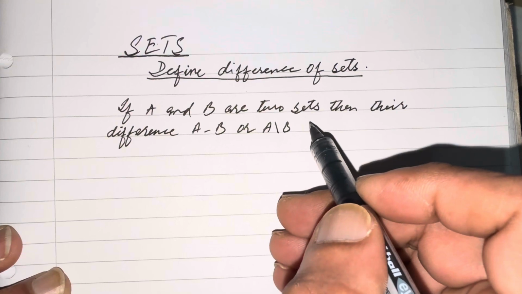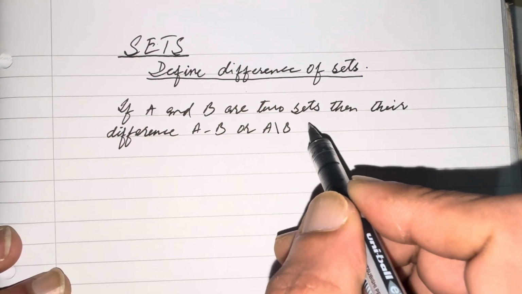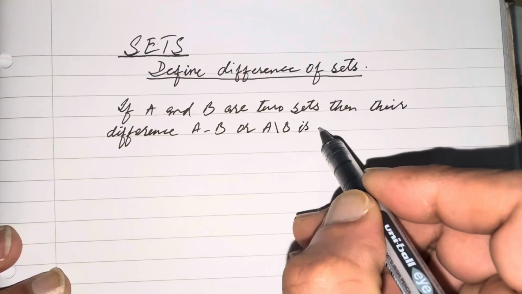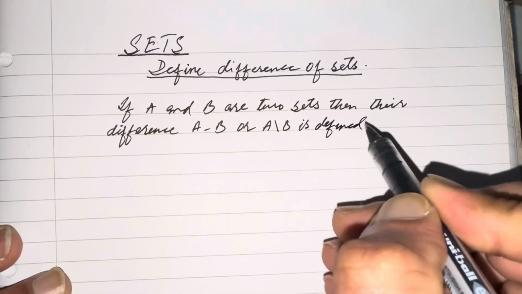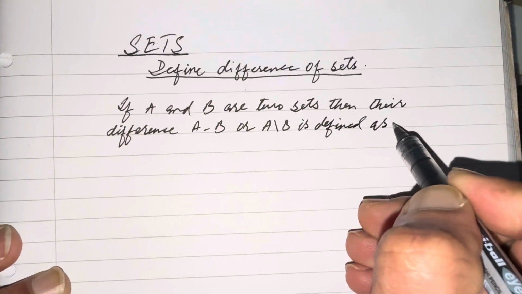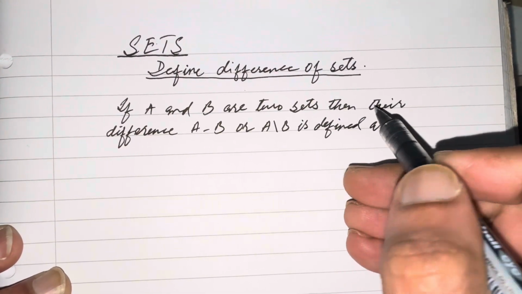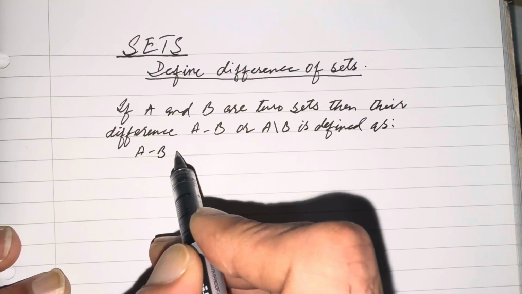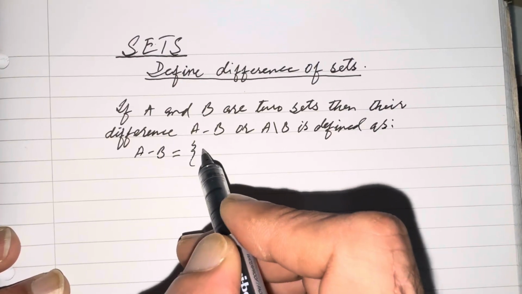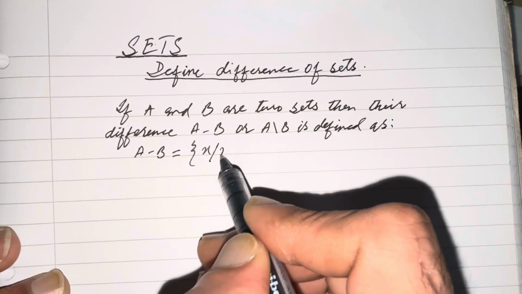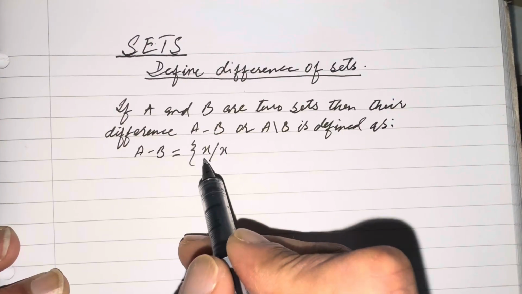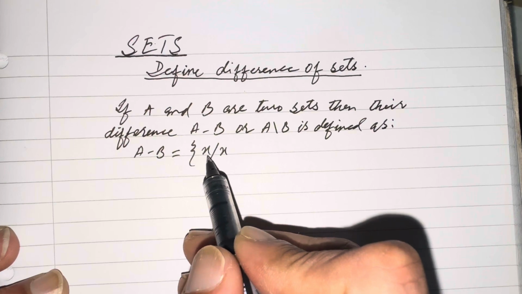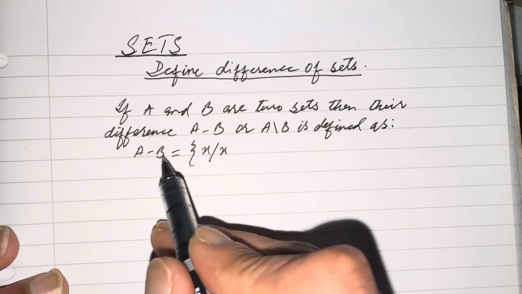And this can be defined as A minus B is equal to x, where x, you remember we have mentioned already that x are the elements of the sets.